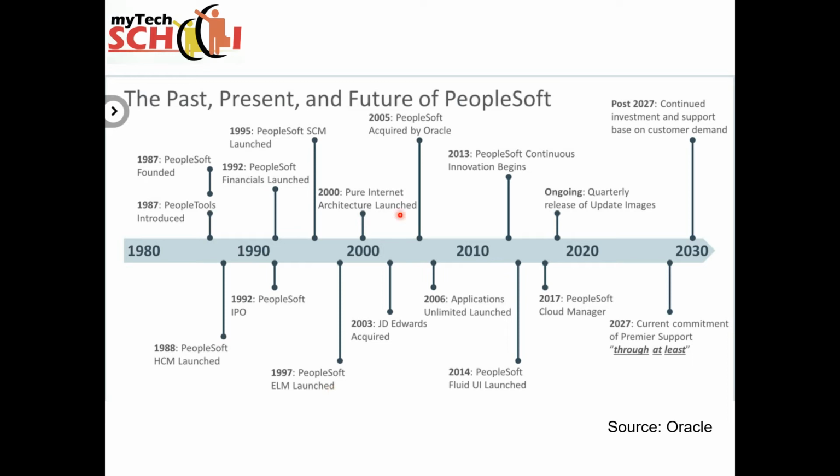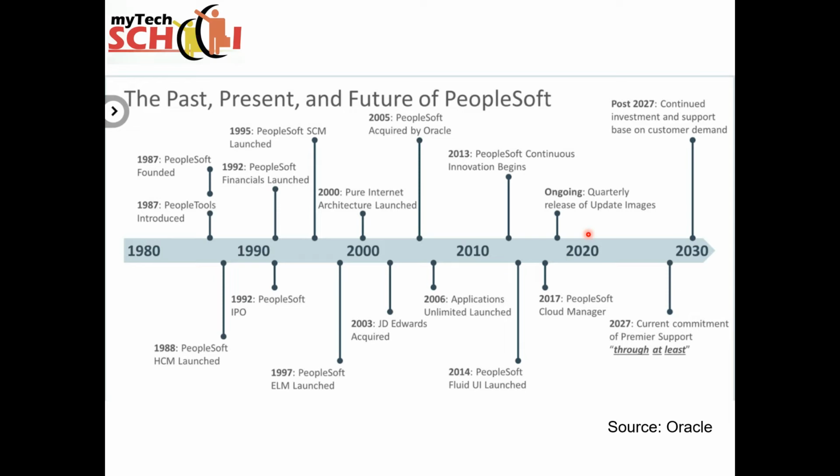The major acquisition happened in 2005 when PeopleSoft was acquired by Oracle, and a lot of investment has been put into PeopleSoft. Currently we have a quarterly release of update images, and we are getting new features once every 3 months.